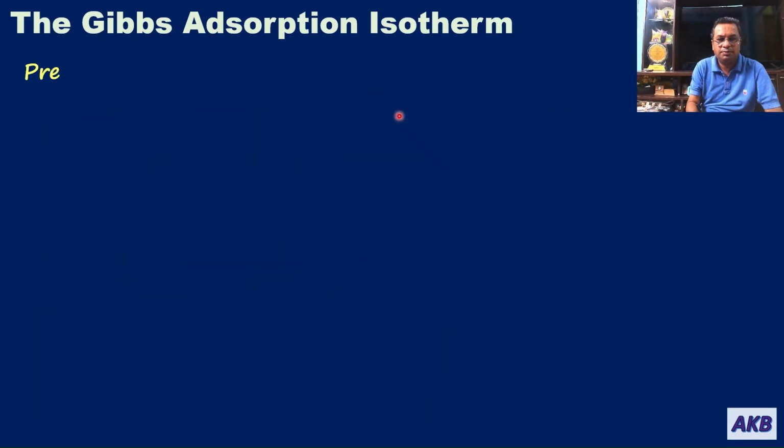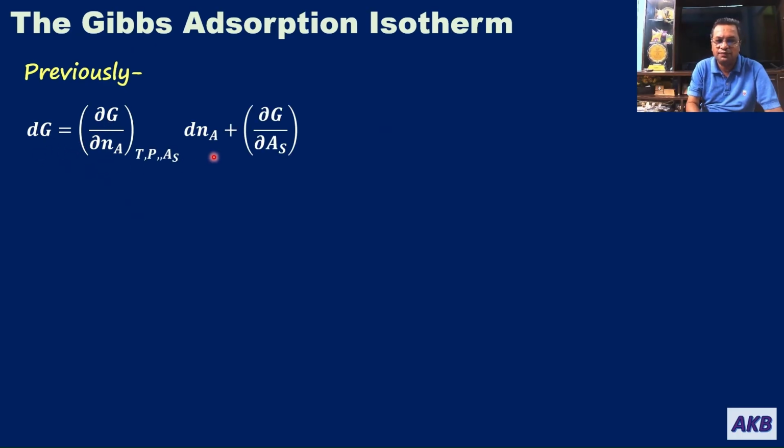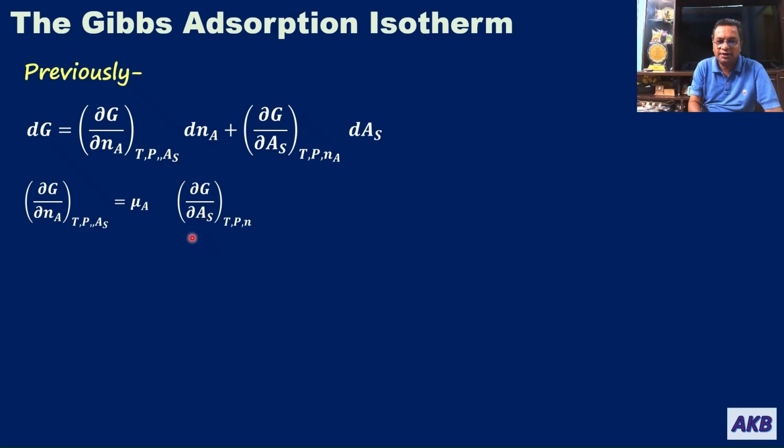Okay, so previously we got this equation, dG is equal to ∂G/∂Na into dNa plus ∂G/∂As into dAs, and ∂G/∂Na is mu A, that is chemical potential of A in the film on the surface of the adsorbent, and ∂G/∂As is gamma, the surface tension.